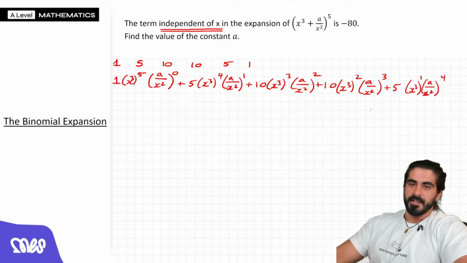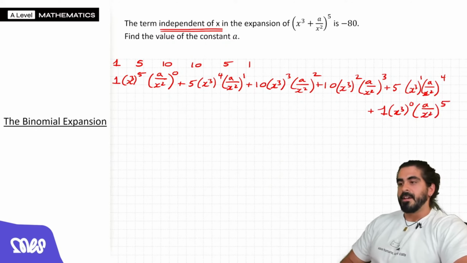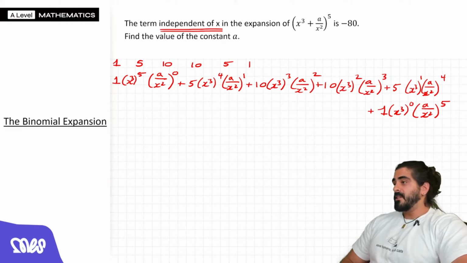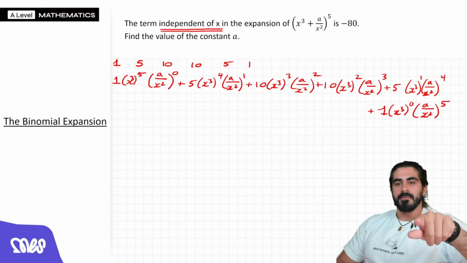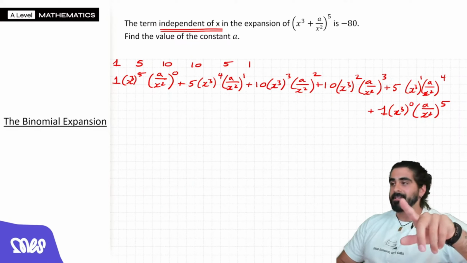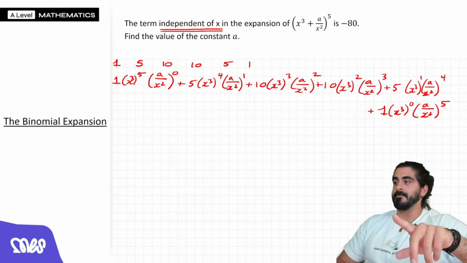I'll run out of space here, but 1, then we've got x cubed to the power of 0, a over x squared to the power of 5. There we go. So, what you want to do from here, and we would practice a lot more of these questions, is observe that line and see which one of those terms would have the x's cancel out completely.